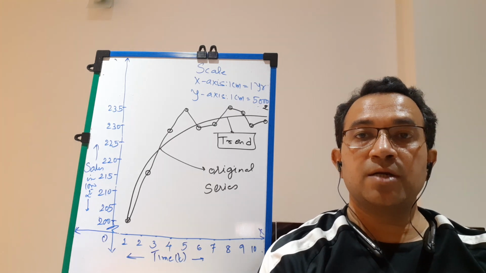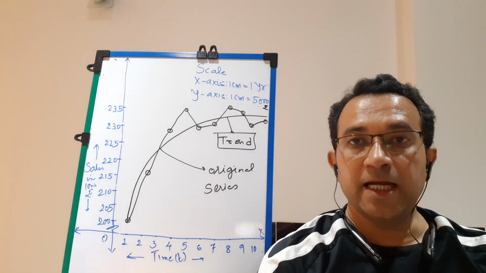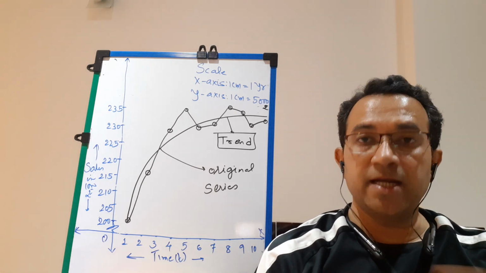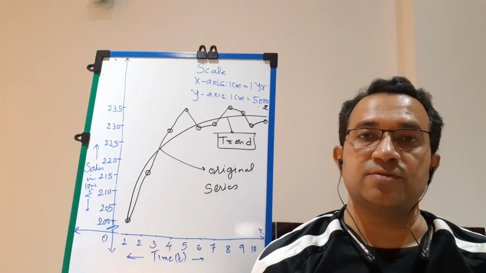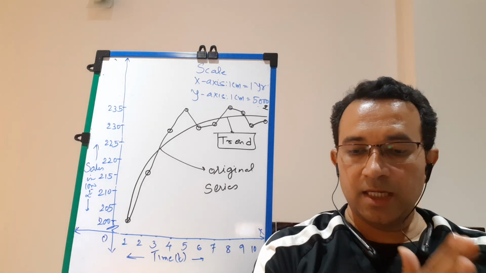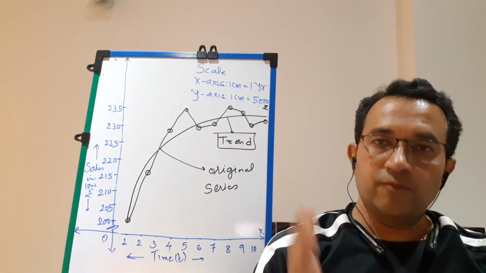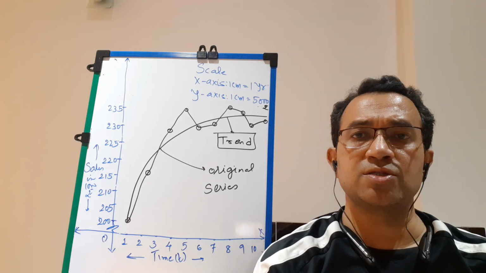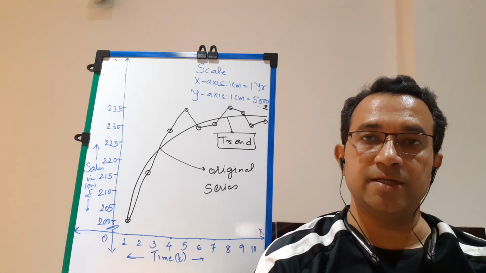For the given ordered pairs of time period t and variable quantity yt, the regression, the trend line, is obtained as yt cap is equal to a plus bt, where a and b are suitable constants which are to be determined.